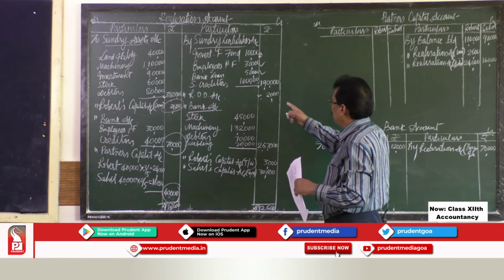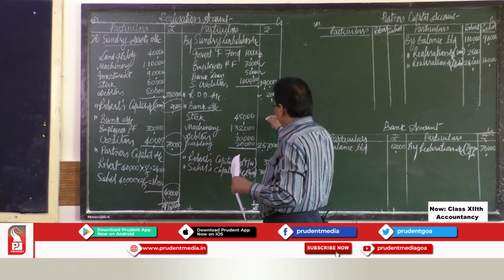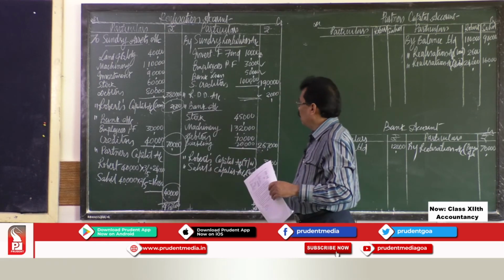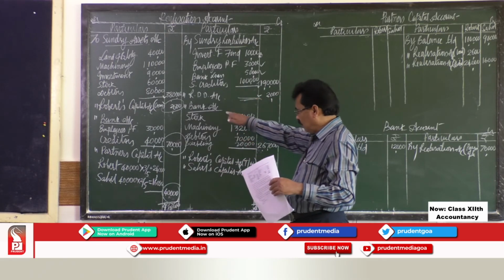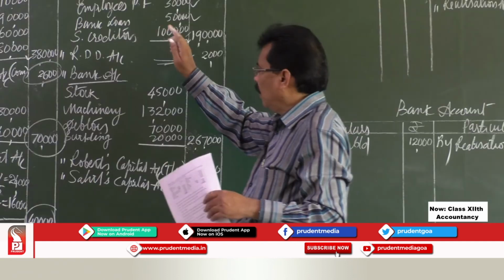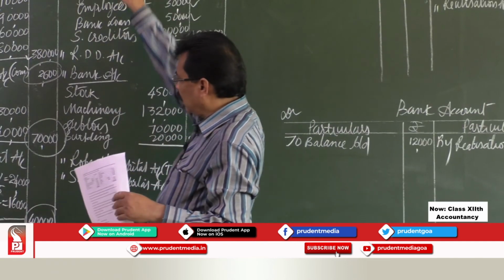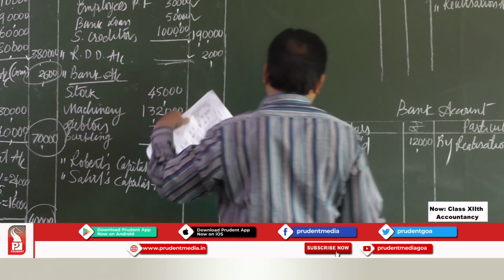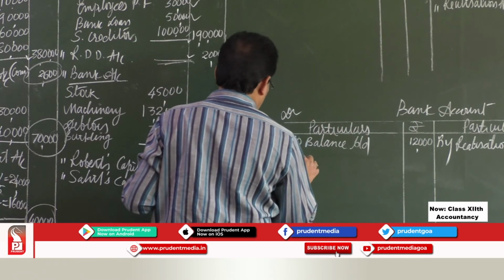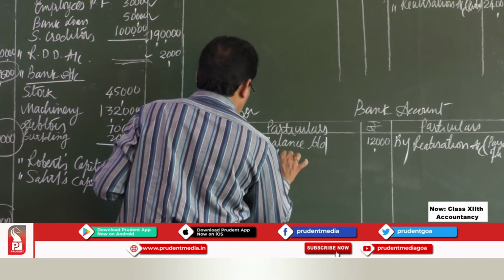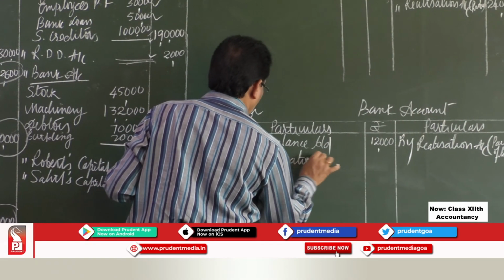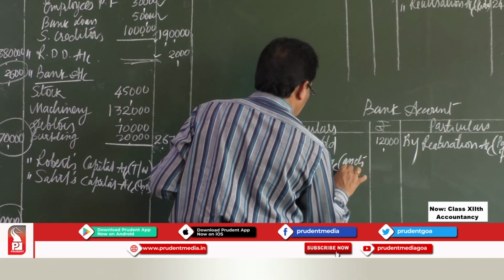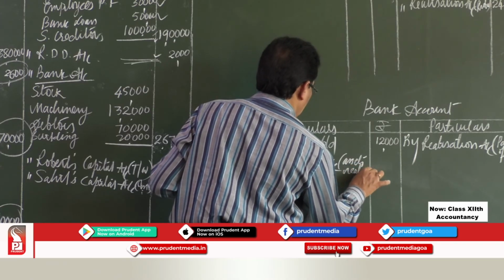Now let us go to the credit side. So we have to start from here up to here. This thing has got only one effect. Now the second effect starts from here. Bank account debit to realization account. So here realization account credit side means it comes in bank account debit side. So to realization account, this is for assets realized.